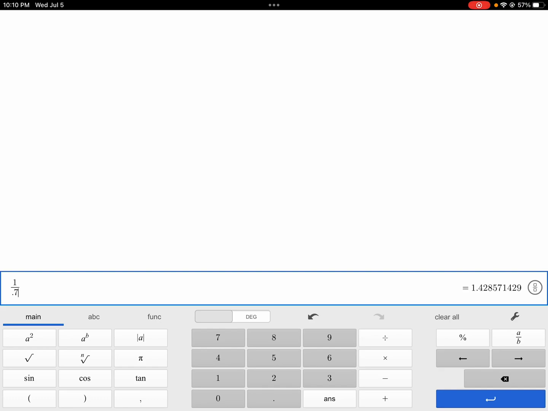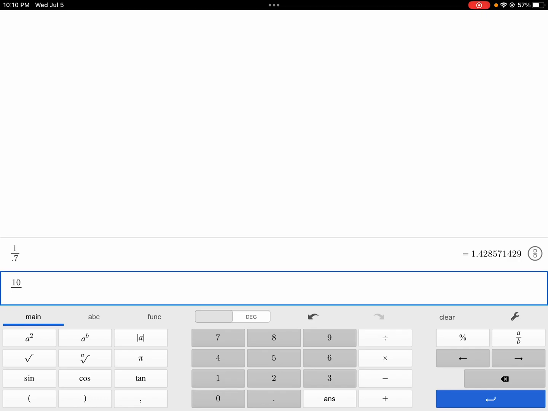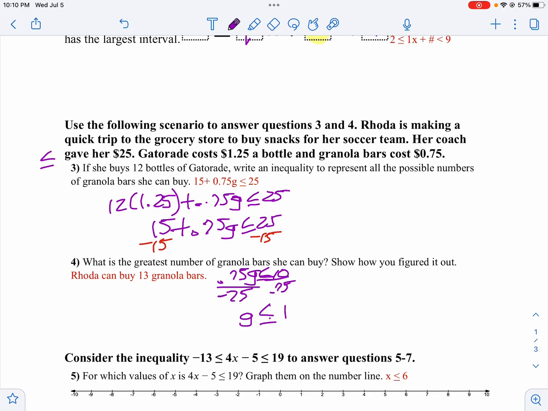Oops, forgot my 0 there. So let's try it again. 10 divided by 0.75. She could buy 13.33 granola bars. Now, can she buy 13.33 granola bars? No. You can't buy a third of a granola bar at a grocery store, at least. So we're going to say she can buy 13 granola bars or fewer.